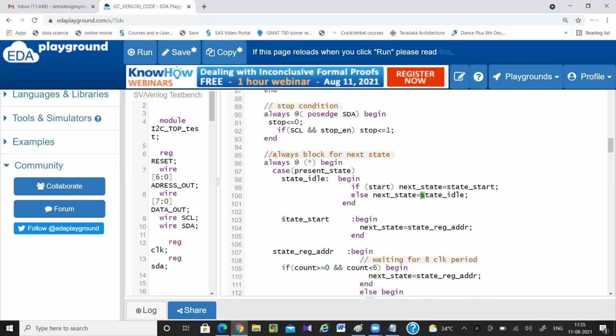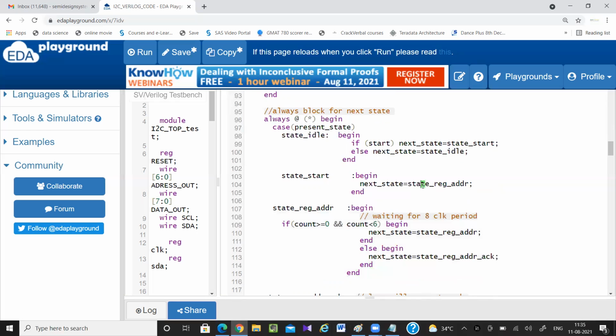This state is optional. You can directly go to the register address state also. But why have I taken this? Because it will detect this at the posedge of SCL. After that, I have taken one clock cycle gap, then I have started. Else, after the posedge, it will suddenly, and let's say what will happen?